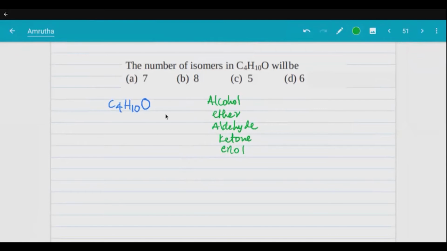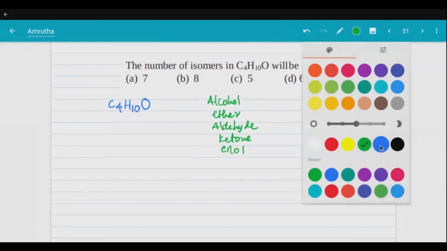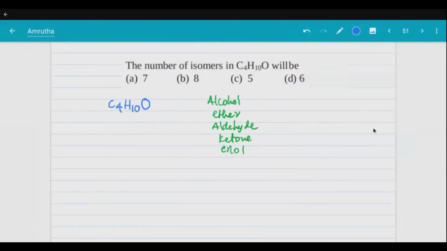But how do we know this? We have to write all possibilities, right? So listen carefully. I'll tell you one very simple trick to restrict, again to do it in a systematic way, to select proper functional groups. What we can do is find the number of hydrogens.